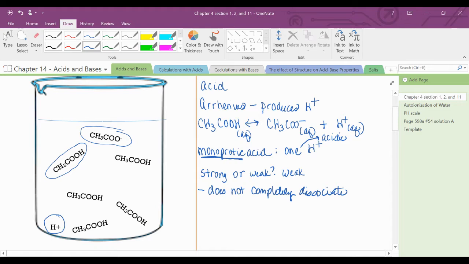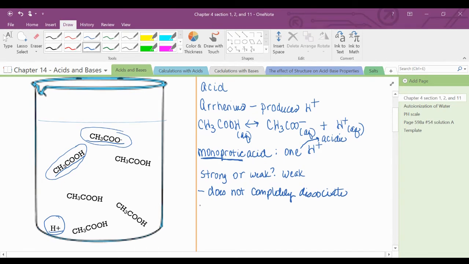The fact that this drawing has molecules and ions is the evidence that this is weak. In weak acids, the equilibrium lies to the left.